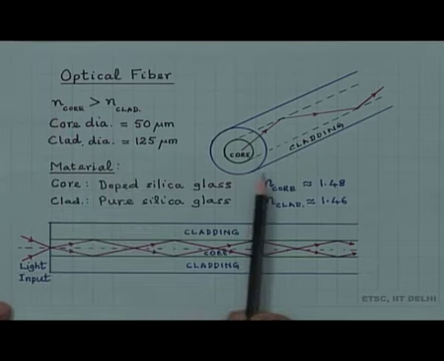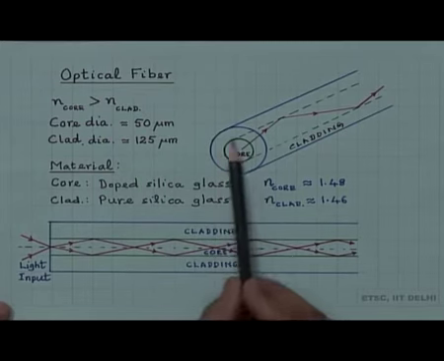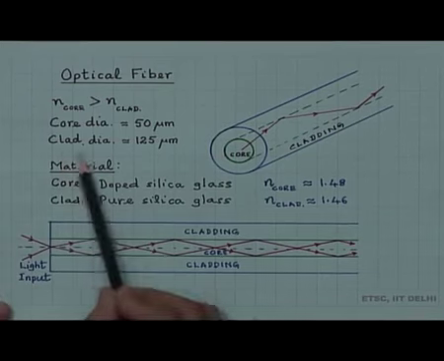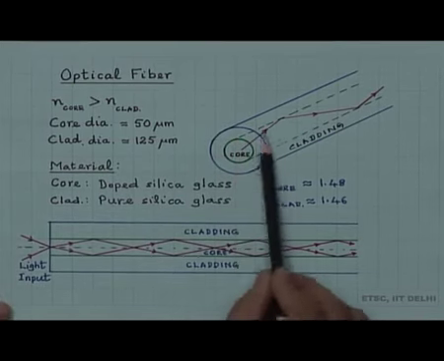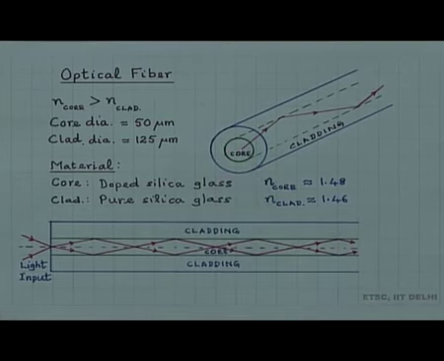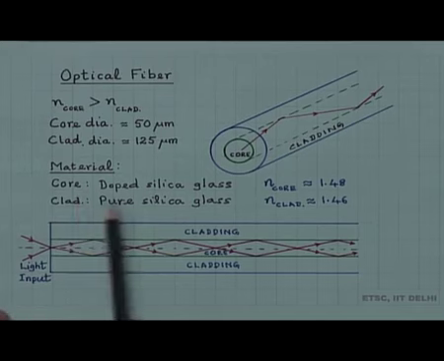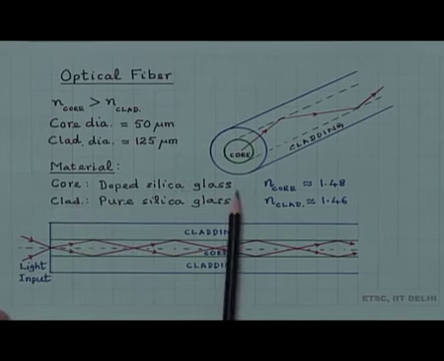Typical dimensions are given. So, the dimension of the core is typically 50 micrometer and the cladding diameter is approximately 125 micrometer for standard fibers. There are different types of fibers which are used and they will have different dimensions, different refractive indexes. But in general, particularly for communication fibers, the core is of doped silica glass.